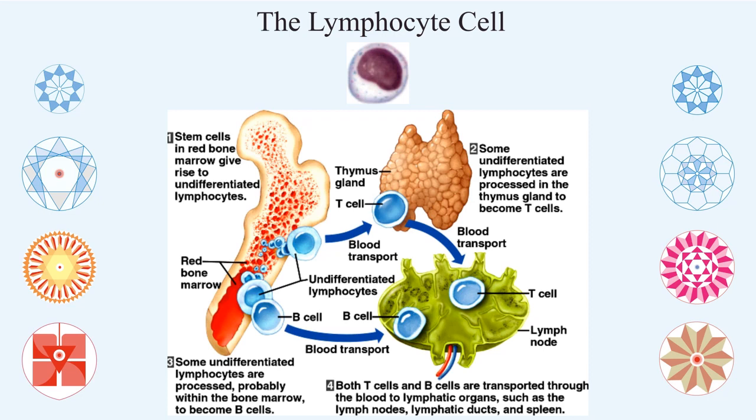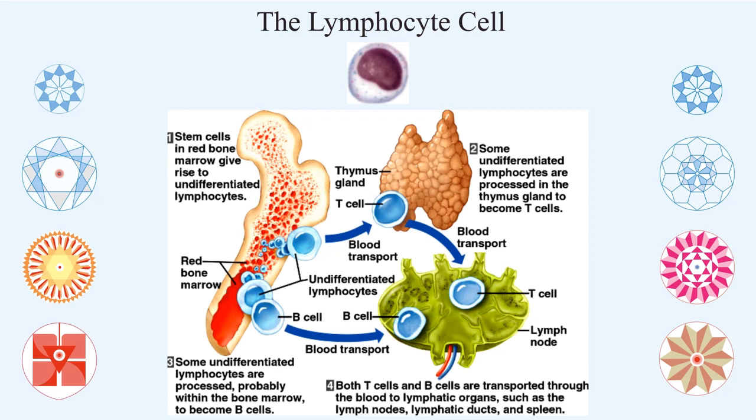B cell you can see down, and then also another, which is undifferentiated lymphocytes, get transformed into B cells and go to become T cells in the thymus gland. What we had written in number 2 is that some undifferentiated lymphocytes persist in the thymus gland to become T cells.